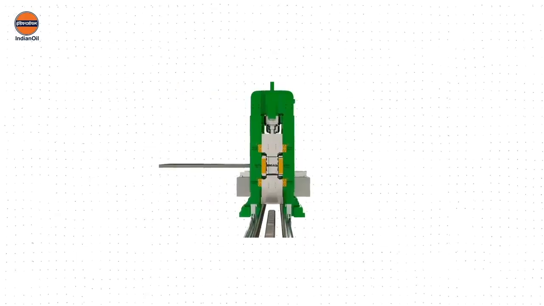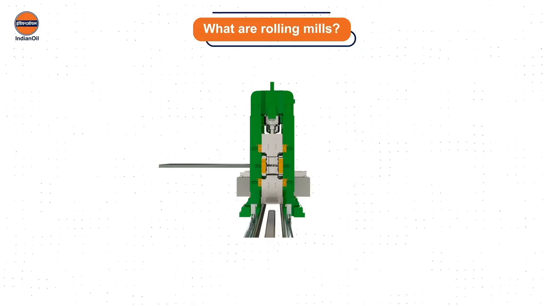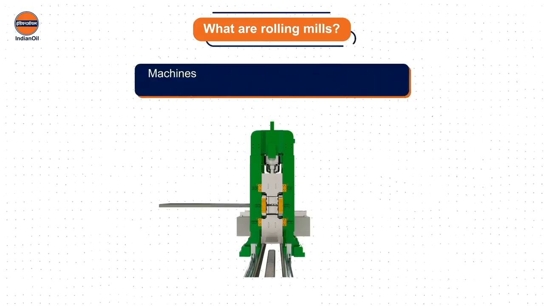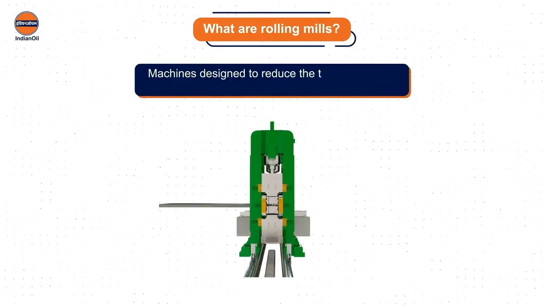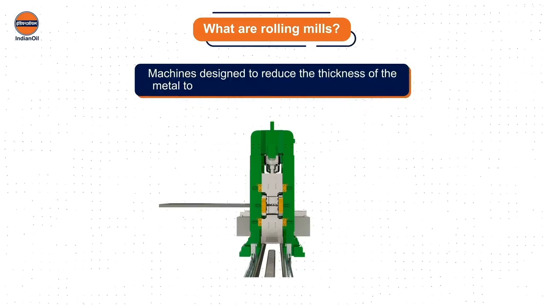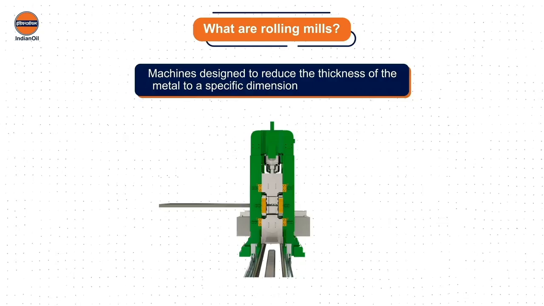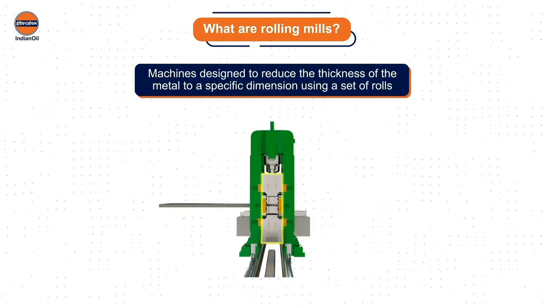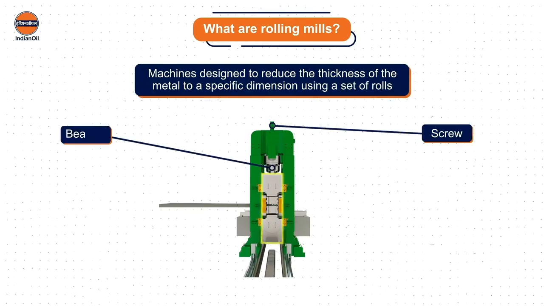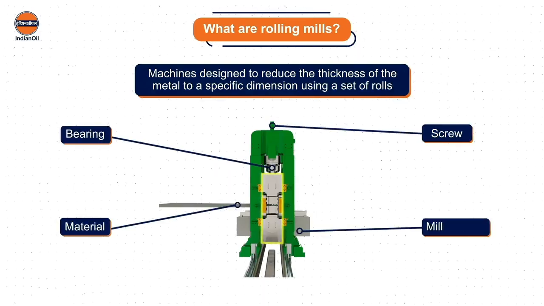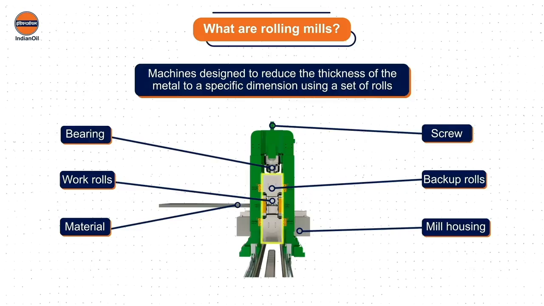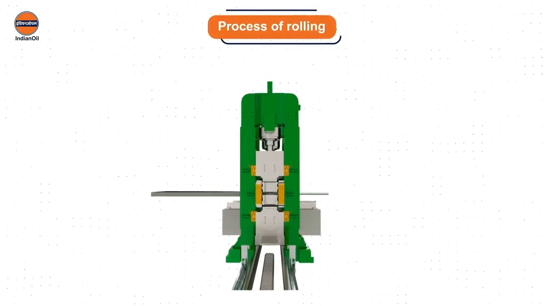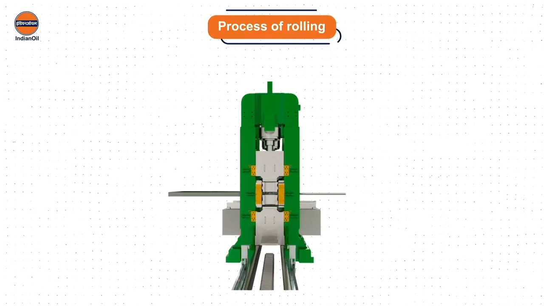Next, let's look into what rolling mills are. Rolling mills are machines designed to reduce the thickness of the metal to a specific dimension using a set of rolls and other components like screw, bearing, material, mill housing, etc. The process begins with the material being fed into the rolling mill.